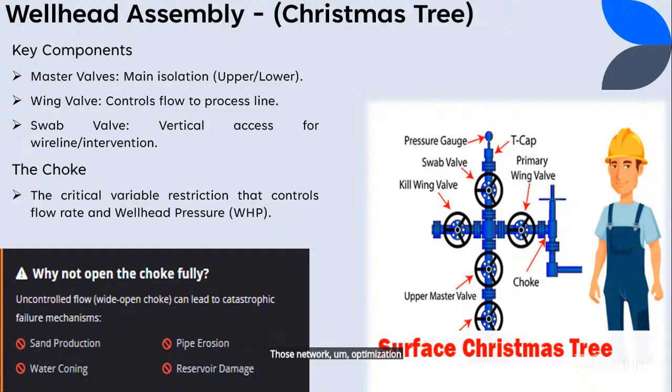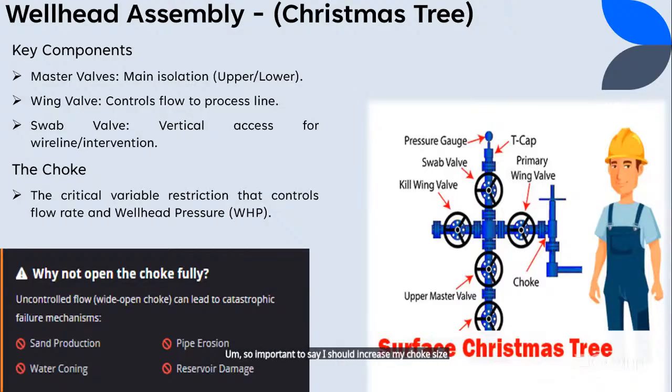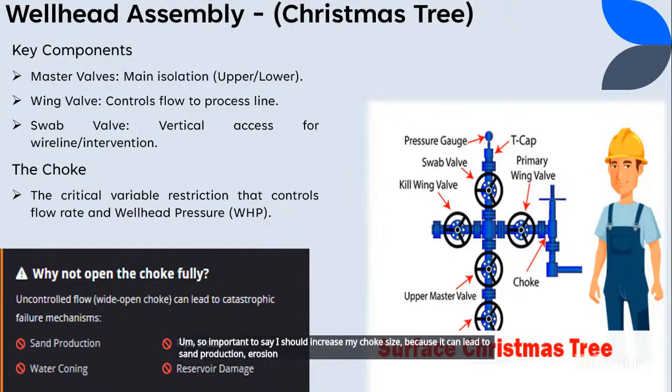Okay, so most times a well can show declining production. Increasing the choke size may look as if it's boosting production rates, but that can be a temporary situation, because you already know that if I'm experiencing a decline, it is not so important to say I should increase my choke size, because it can lead to sand production, erosion, and instability.